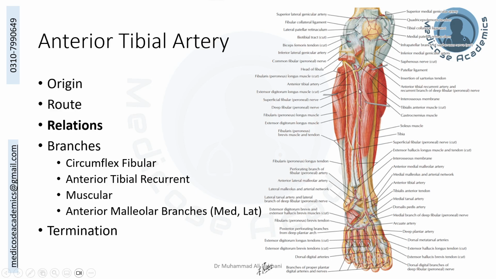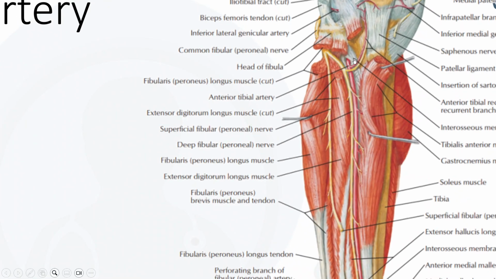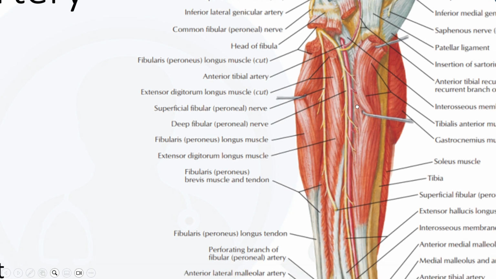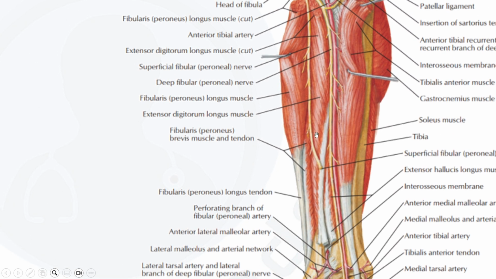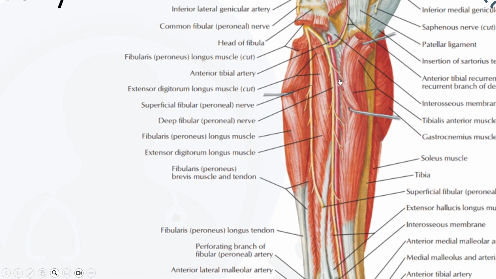Let us talk about the route and relations. As it crosses the interosseous membrane, it runs with the interosseous membrane and goes down till it is converted into the dorsalis pedis artery. Posteriorly there will be the interosseous membrane, and you have to memorize which muscles are on either side of it.